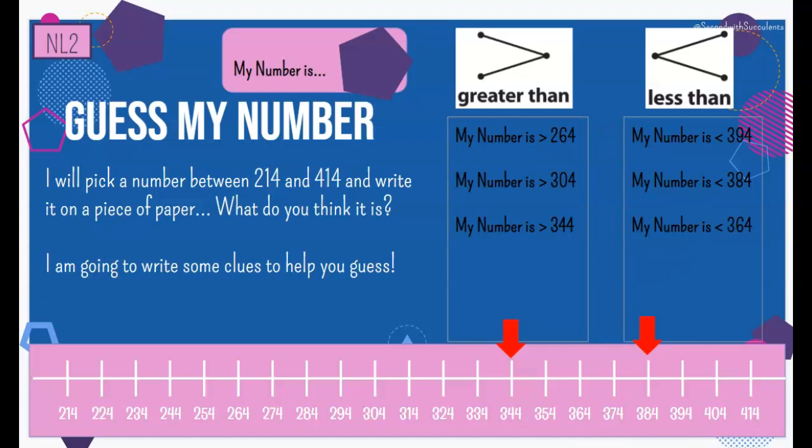My number is less than 364. Do you know what our number is? You should. We've narrowed down our clues. Your last step is to write your guess for my number in your Seesaw activity.